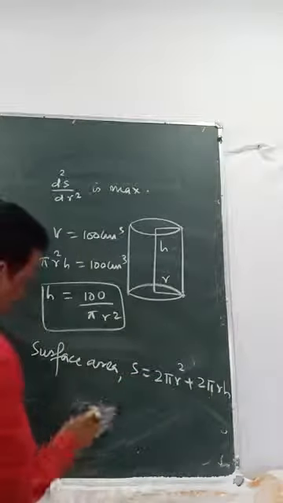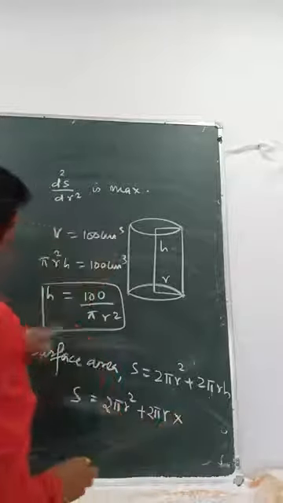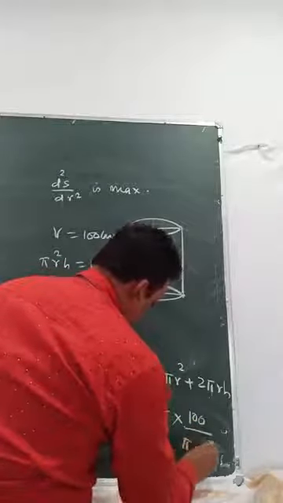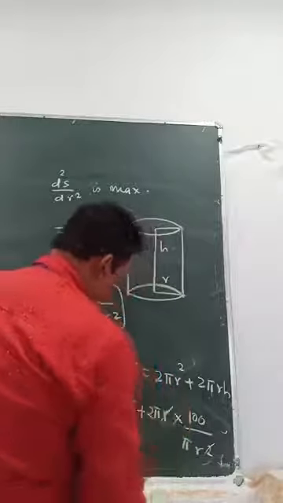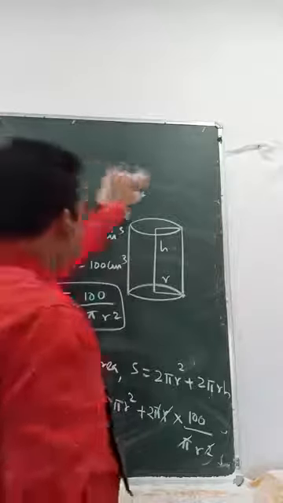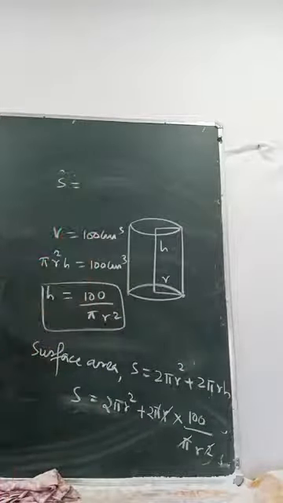So you are finding s equals to 2 pi r square plus 2 pi r into h is 100 by pi r square. One of the r is cancelled, pi is cancelled. So conclusion is s equals to 2 pi r square plus 200 by r.